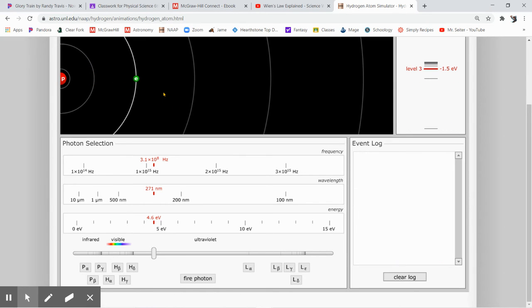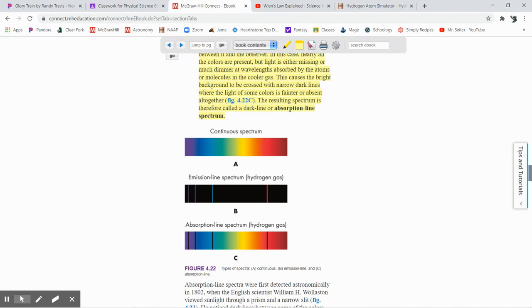It's going to give off a little bit different shade of a color from here. It'll give off a different shade of color from here, and so on. These lines are what a hydrogen atom is going to give us. Those colors, those photons, those wavelengths.